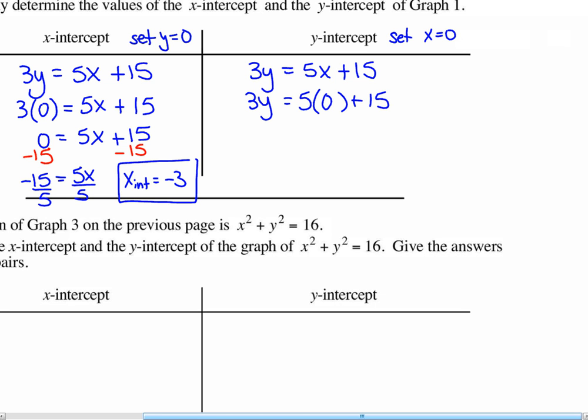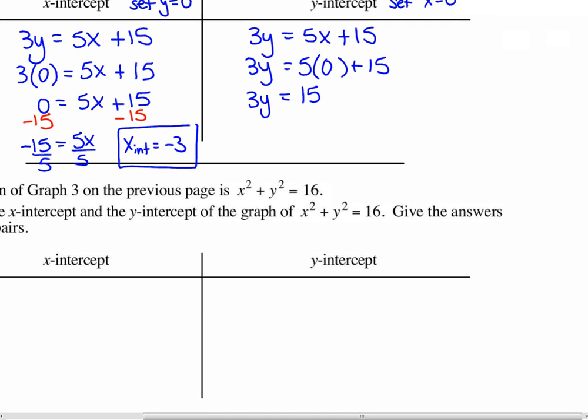Right, 5 times 0, 0 plus 15, 15. And then now we can just divide by 3. And so our y-intercept is equal to 5.